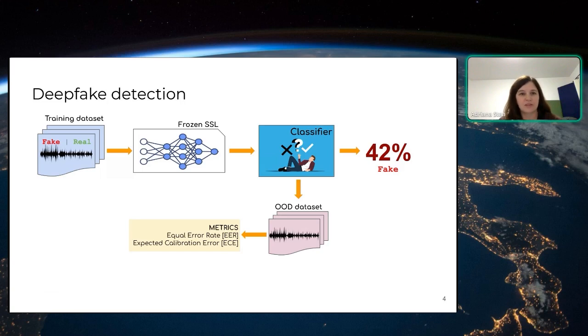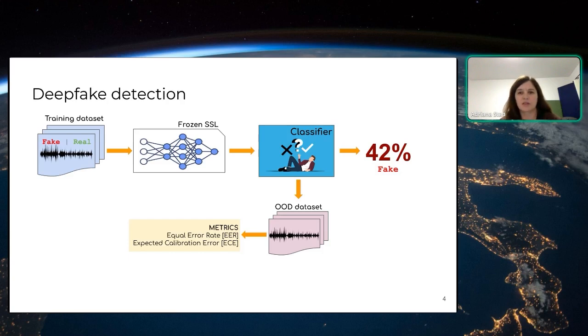We're then going to use a so-called frozen SSL model, a large self-supervised learning model that we take from a pre-existing repository. We build a classifier on top, and then what we want to find out is the fakeness score. Is this sample 100% fake or 1% fake or whatever? Or is it actually real?